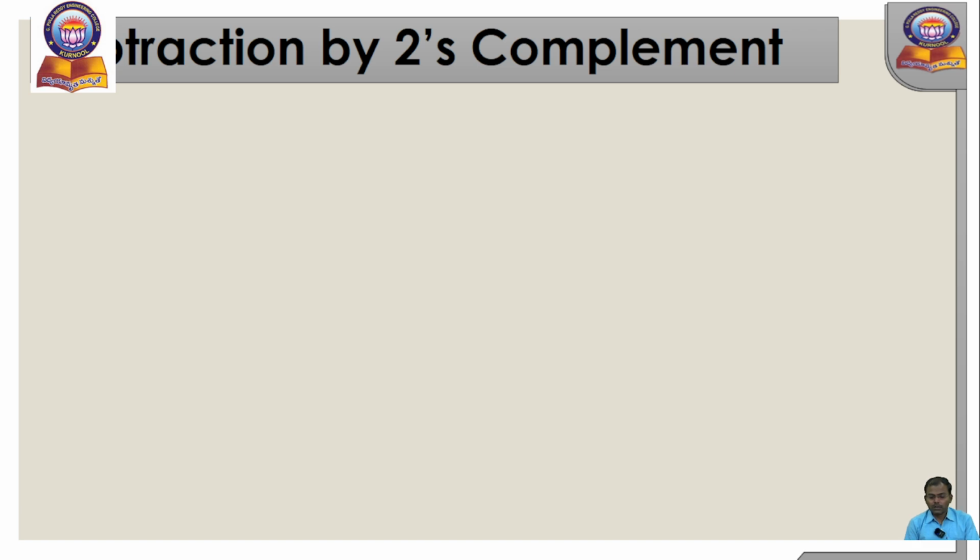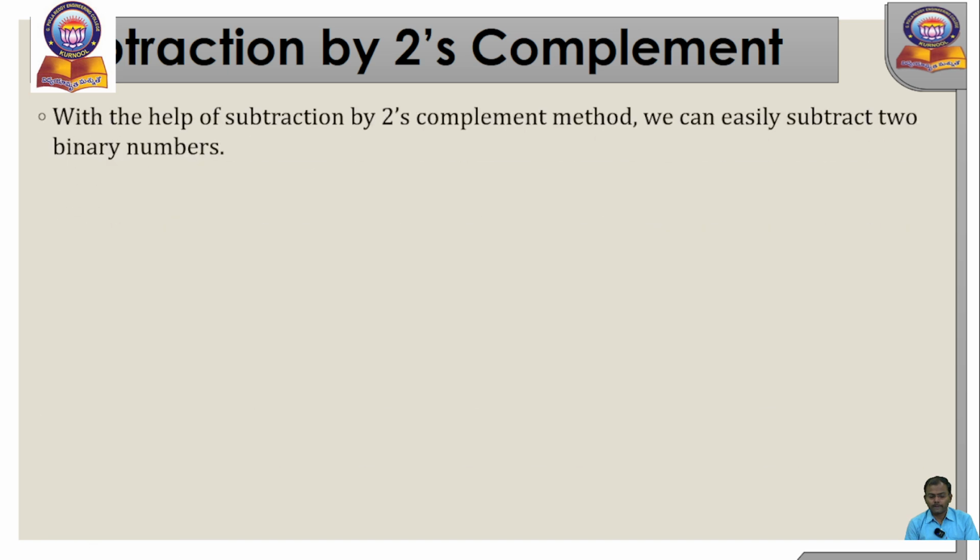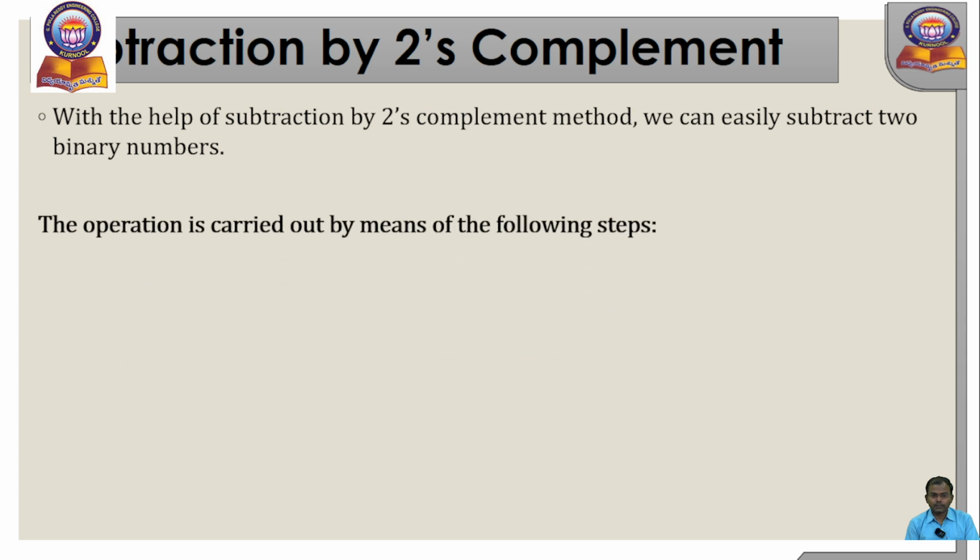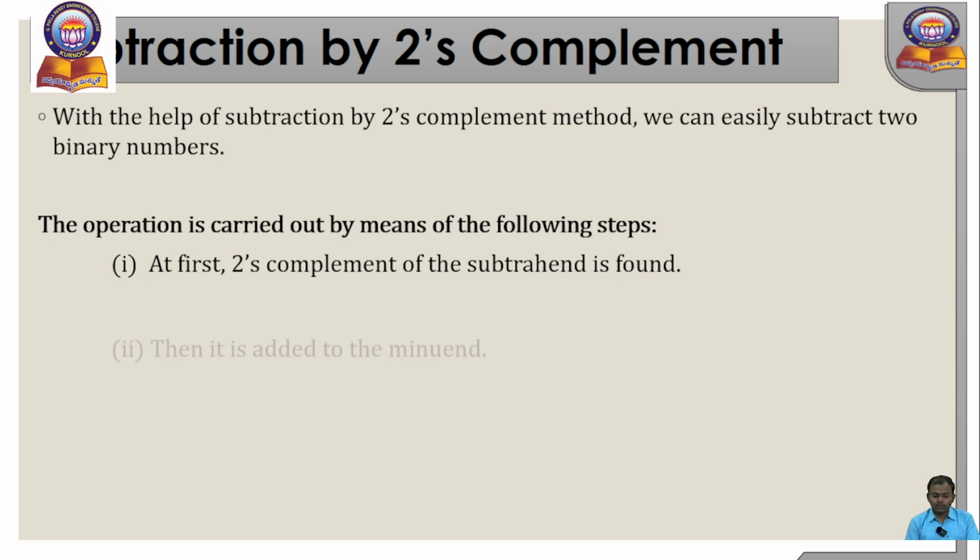Then how can you perform subtraction by using the 2's complement? With the help of the 2's complement method, we can easily subtract two binary numbers. The operation is carried out by the following steps. In the first step, obtain the 2's complement of the subtrahend. Then it is added to the minuend.